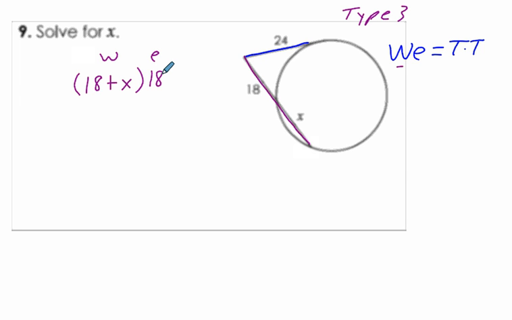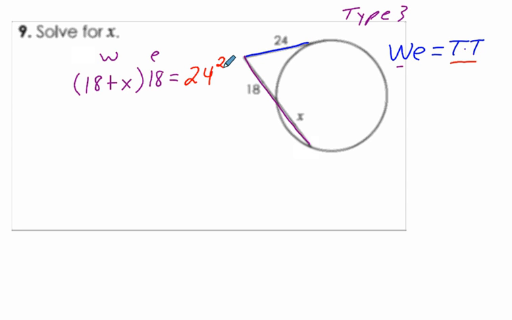So your whole line times your exterior. And that has to equal, well, on the right side, we have the tangent, the length of the tangent line times itself. So that's going to be your 24 times 24. Or you can just write it as 24 squared. Okay? Either way would be fine.